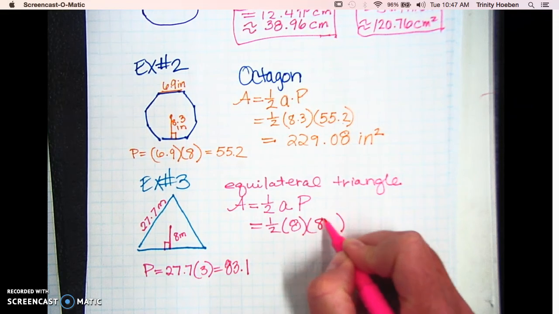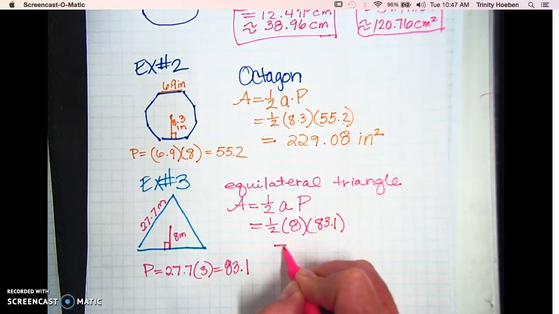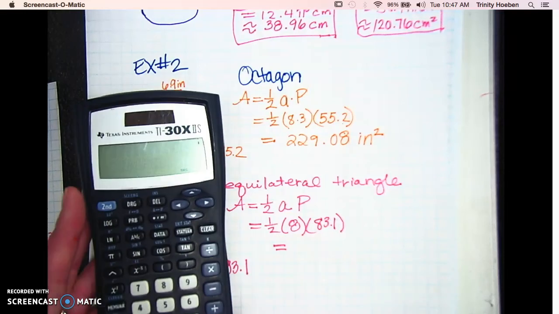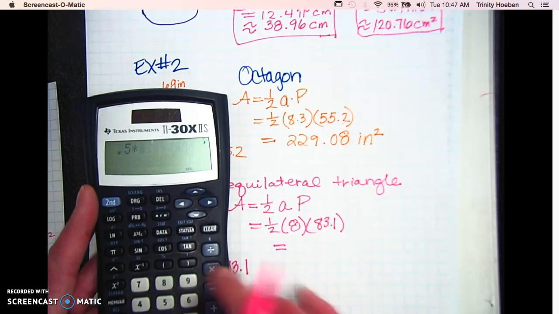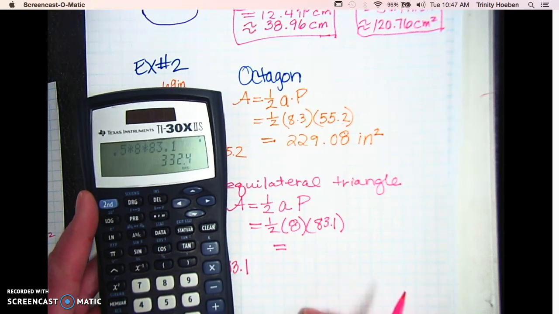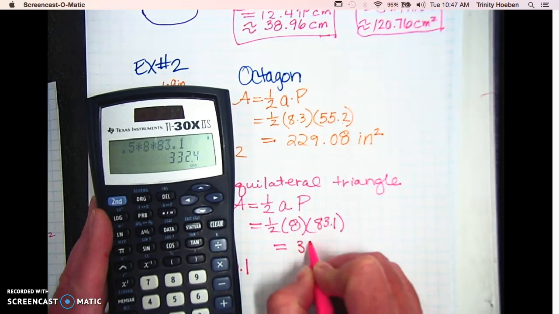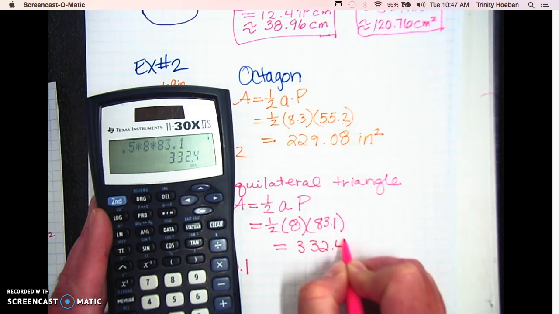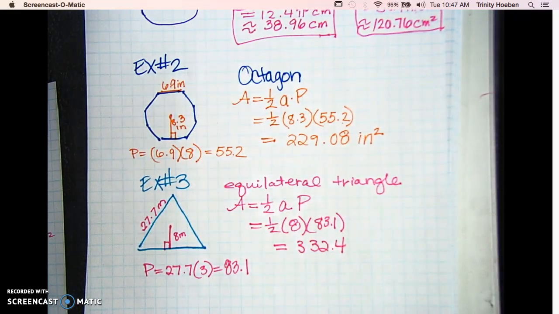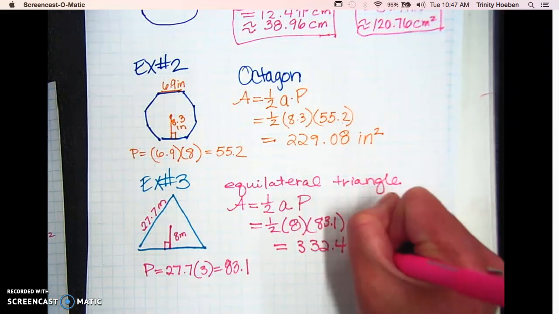That's what goes right here, 83.1. So this time I'm going to multiply 0.5 times 8 times 83.1. Hit the equal sign. We've got 332.4. What are the units on example 3? Meters what? Squared.